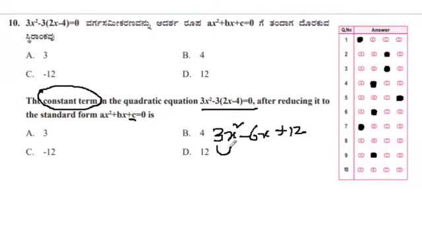Here 3 is a, the x square coefficient, 6 is b, the x coefficient, and the constant is 12, which is c. So the correct option for this question is D.